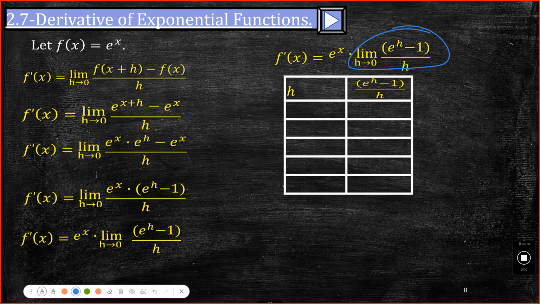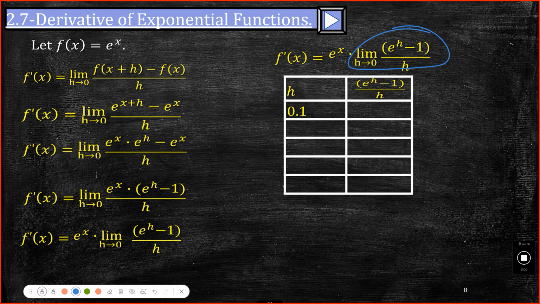We want to get as close as possible to 0 for h. So what numbers am I going to choose? Am I going to use 1 first, and then 0.01, 0.001, and like that? No, I start with 0.1. So we're already starting really, really close.